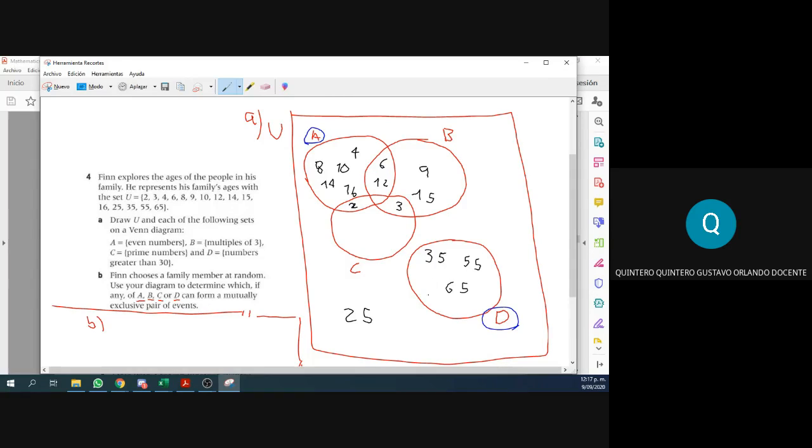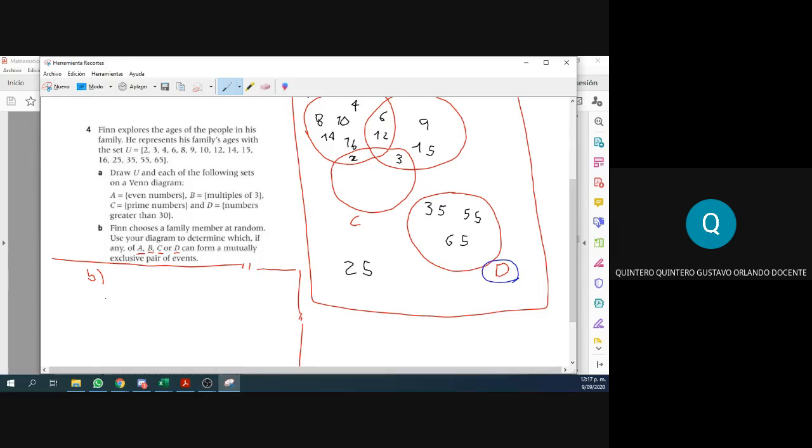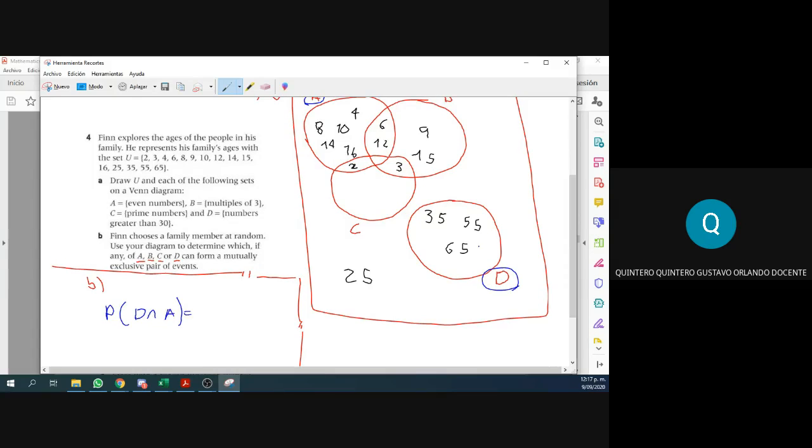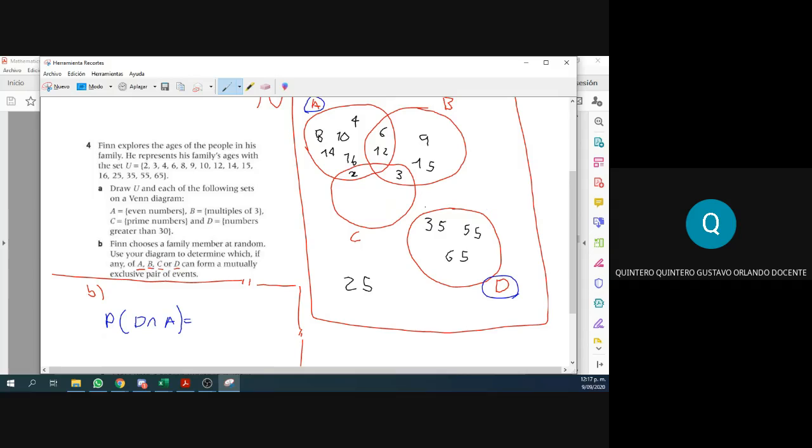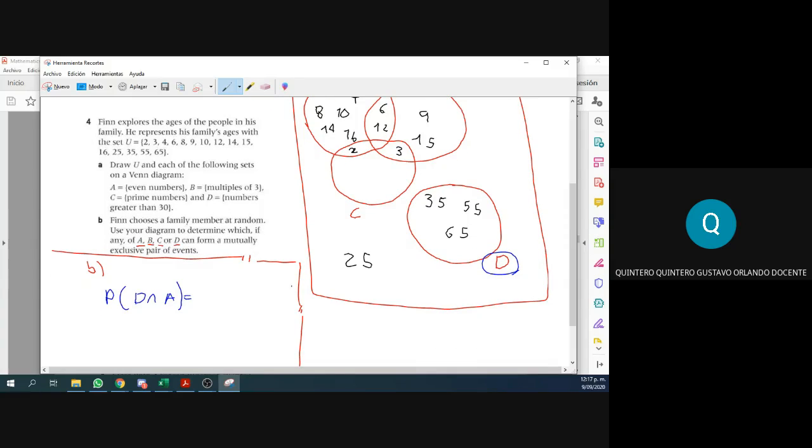So if there's no intersection, Paul, how much is the probability of D intersection A? If the intersection doesn't exist, because I am not overlapping or connecting this circle with any of those, how much is the probability of having this?